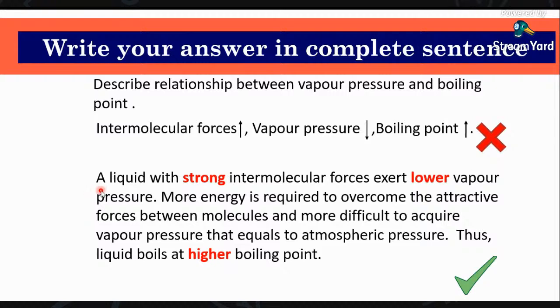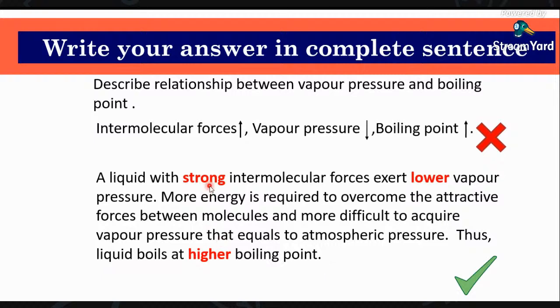If you want to describe the relationship between vapor pressure and boiling point, you say the liquid has a strong intermolecular force and exerts a low vapor pressure. More energy is required to overcome the attractive forces between the molecules, and it is more difficult to acquire a vapor pressure equal to the atmospheric pressure. Thus, the liquid boils at a higher boiling point. A complete answer like this is important.